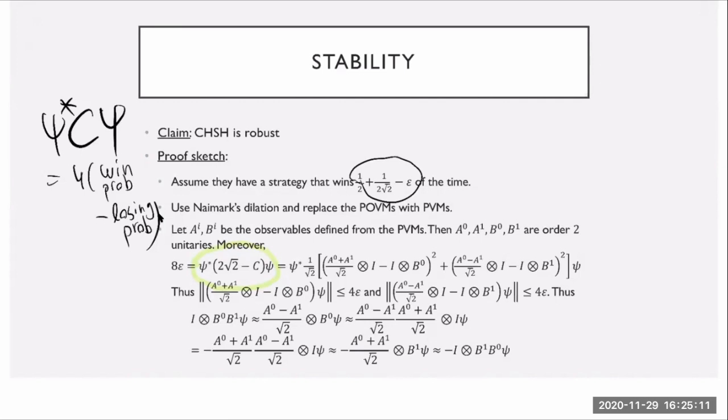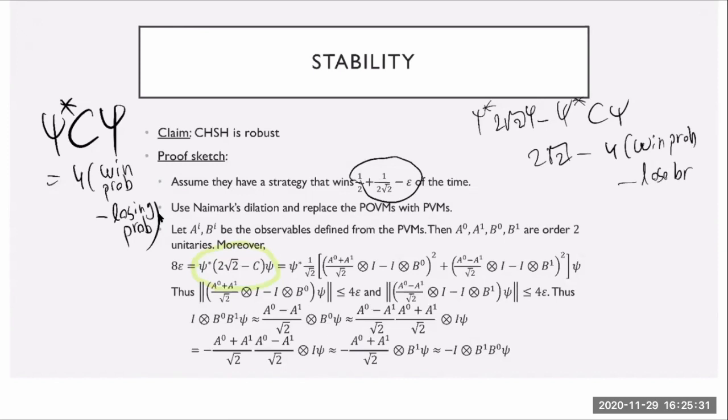So 2 square root 2 times psi star psi minus psi star C psi is just 2 square root 2 minus 4 times the winning probability minus the losing probability. Great, but what is the winning probability minus the losing probability? The winning probability is 1/2 plus 1/2 square root of 2, and the losing probability is 1/2 minus 1/2 square root of 2, so we get 1 over square root of 2.